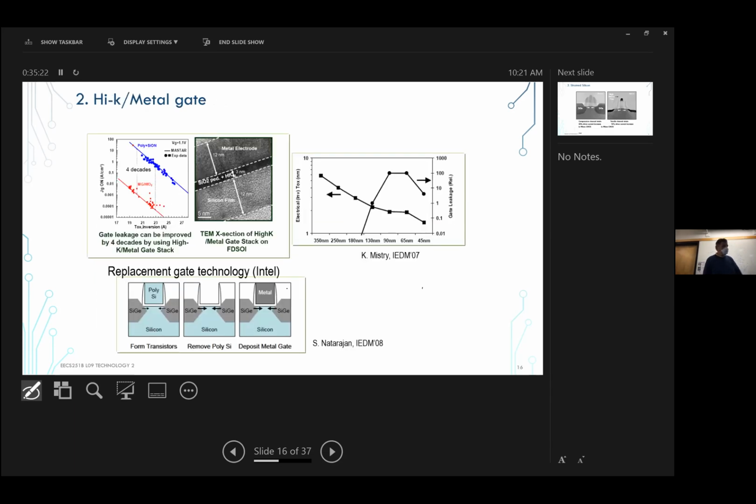High-K metal gate has been introduced over time. Essentially, if you read the paper, gate leakages as dimensions were going down were skyrocketing, and we had too much gate leakage.